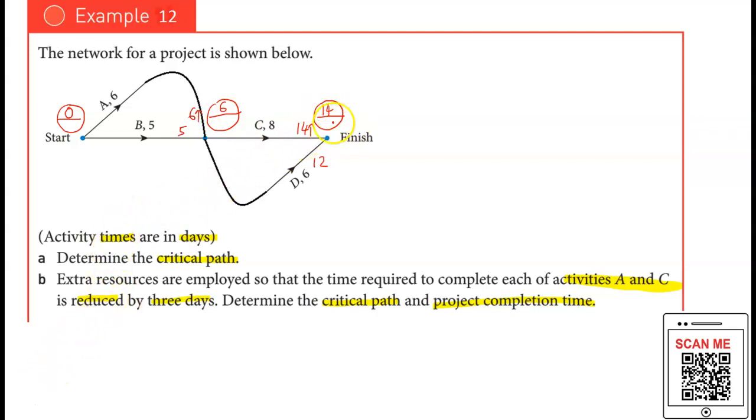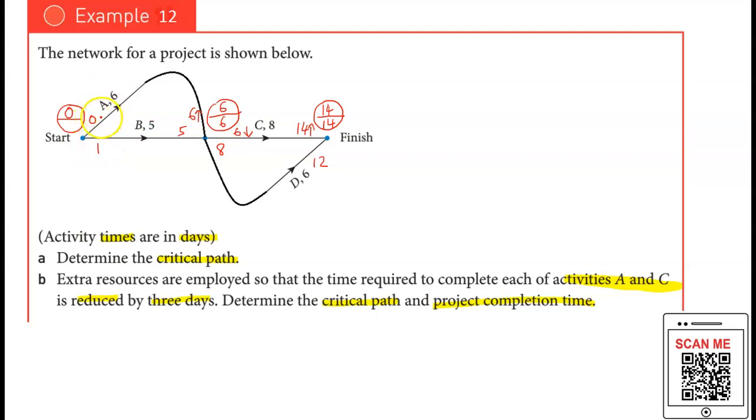Now let's backtrace to look for the LST value. Same value, bring down 14. So 14 minus 8, you have 6. 14 minus 6, you have 8. Then for the LST value, you always go for the lowest value, so I bring in the lowest value here. And again, 6 minus 6, you have 0, and 6 minus 5 is 1.